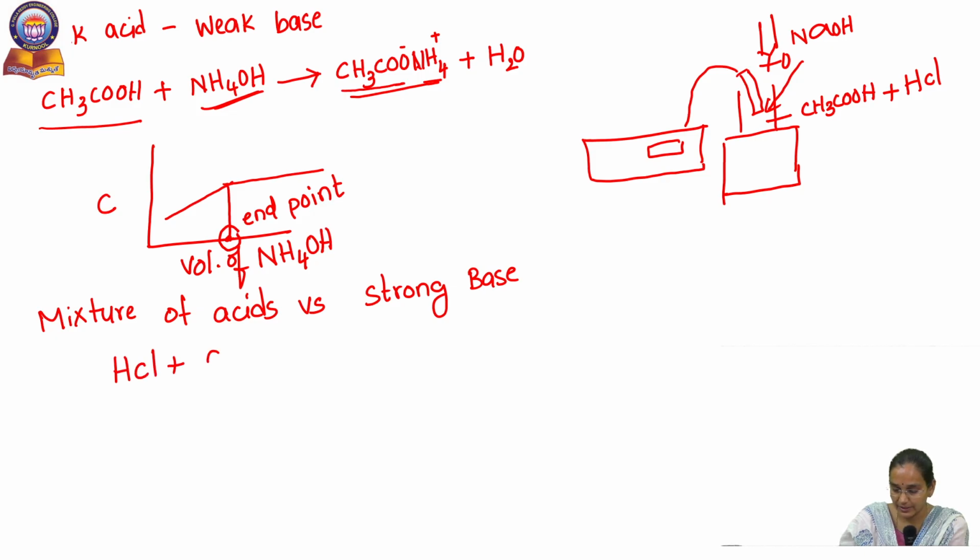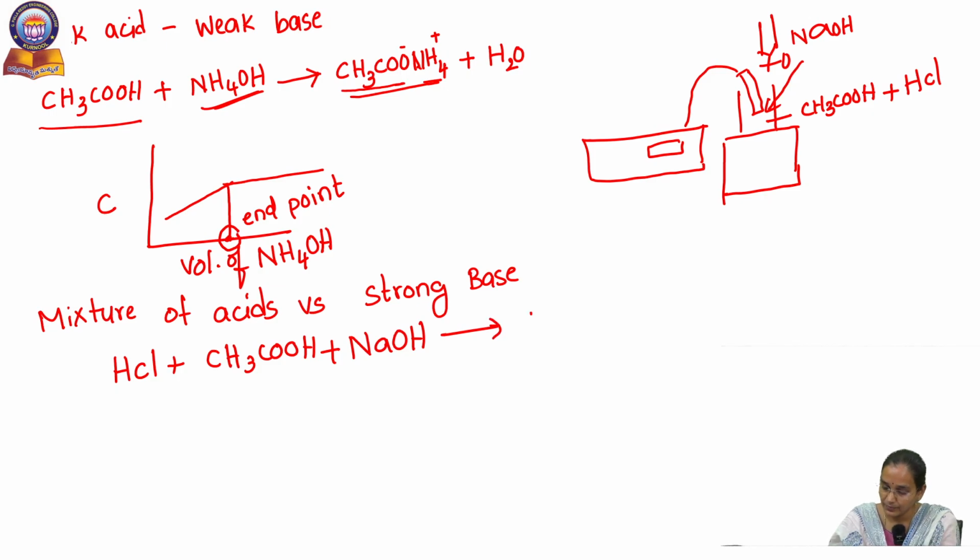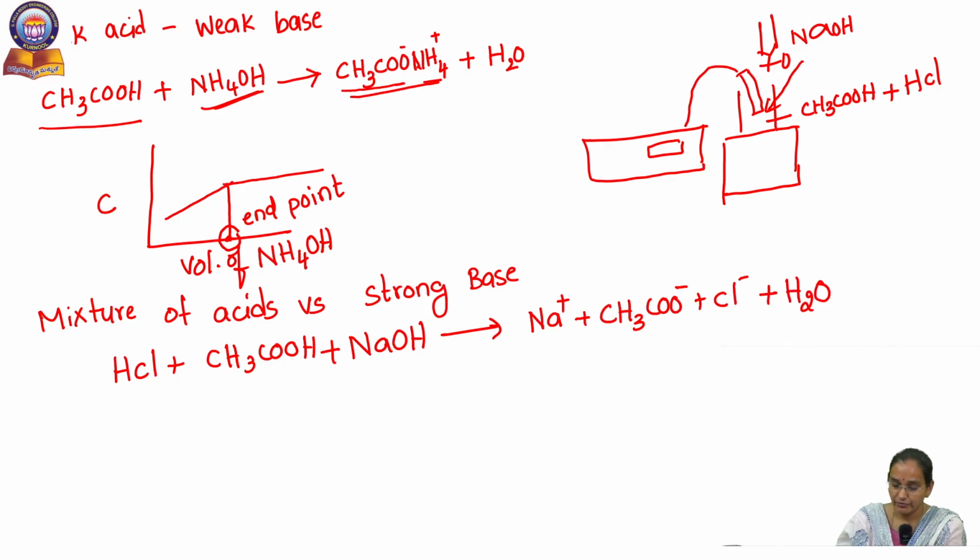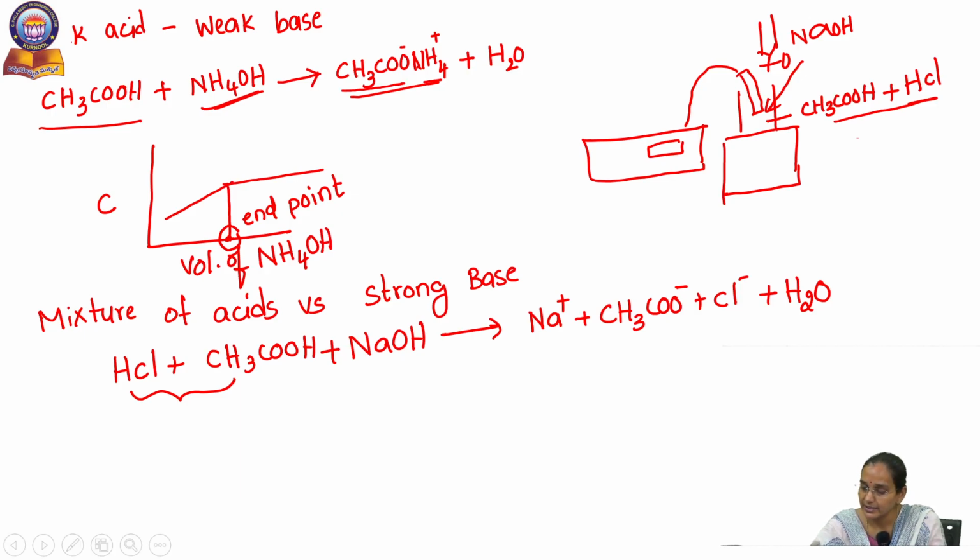HCl plus acetic acid is going to neutralize with sodium hydroxide and they form sodium ion, acetate ion, chloride ion plus H2O. If we mix these two acids, which one will react with sodium hydroxide first? First, HCl is going to react.